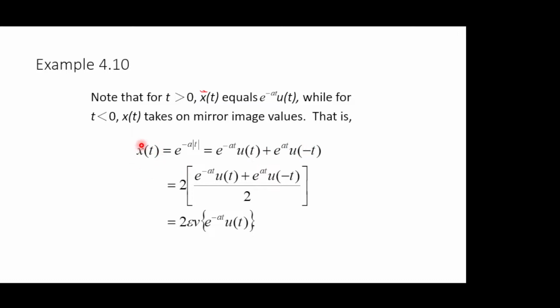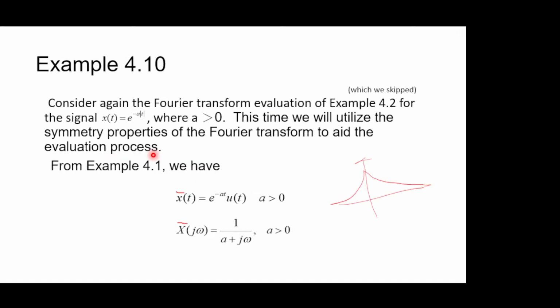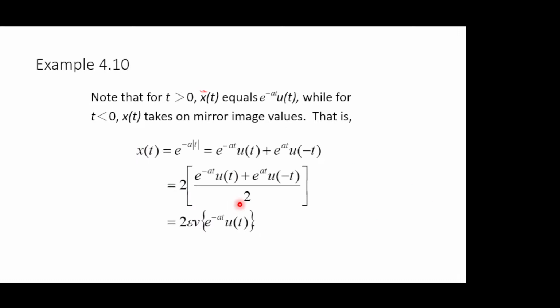So we can think of this as the right side and the left side, but they have symmetry. We can write this as the average of the right side and the left side, divided by 2, so we multiply by another 2. You see the right side and the left side have symmetry because this is just this function with t changed to negative t.